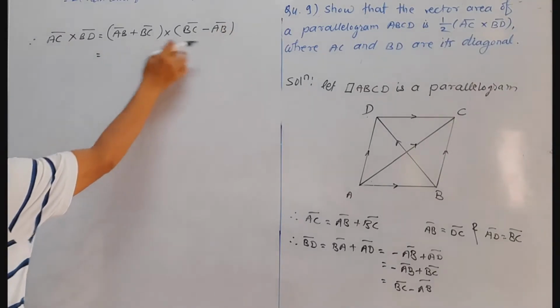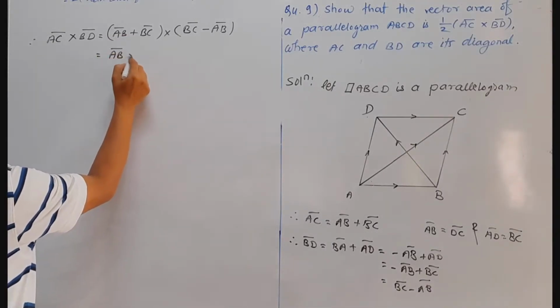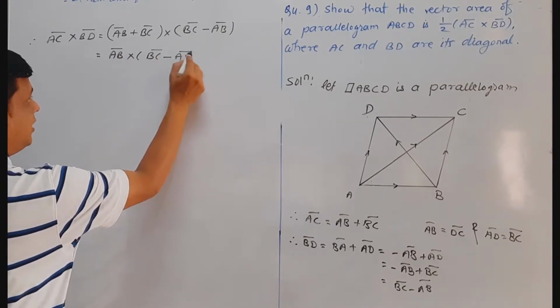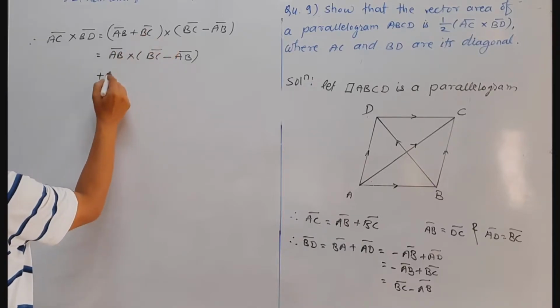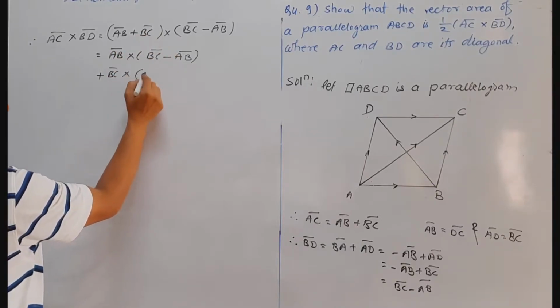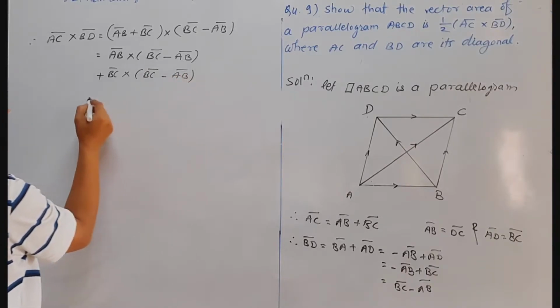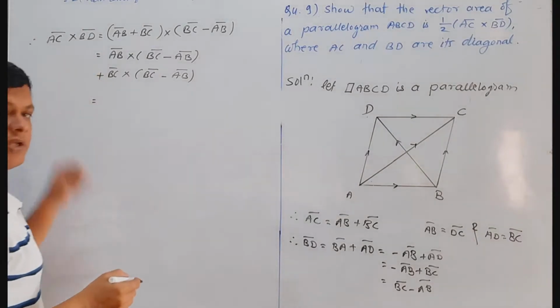Now multiply these two brackets. We first multiply vector AB cross vector BC minus vector AB, then plus vector BC cross vector BC minus vector AB.